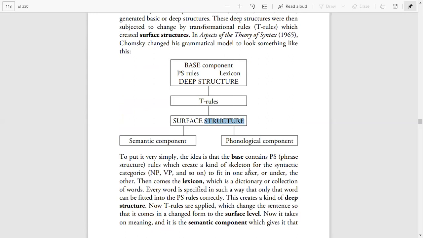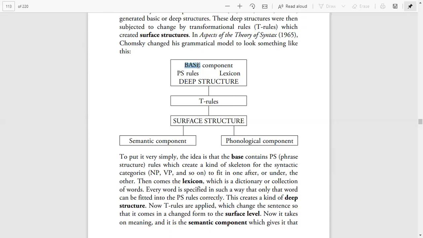To put it very simply, the idea is that the base contains, here in this diagram, PS rules, phrase structure rules, which create a kind of skeleton for the syntactic categories, NP and so on, to fit in one another or under the other. So this base component contains PS rules, that is phrase structure rules, and these phrase structure rules create a kind of skeleton for the syntactic categories, right?